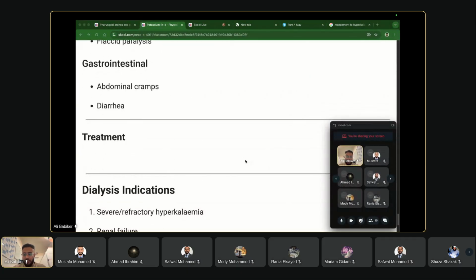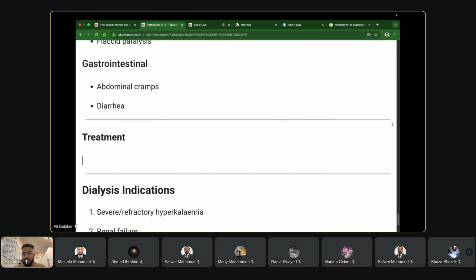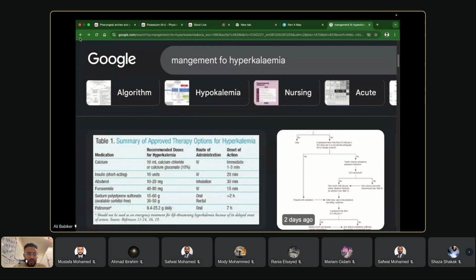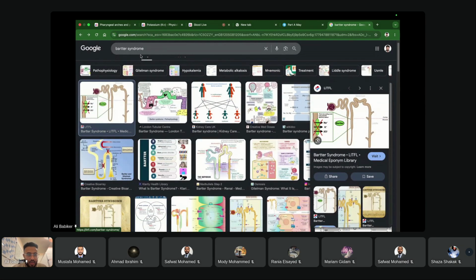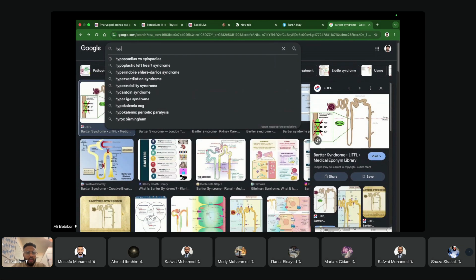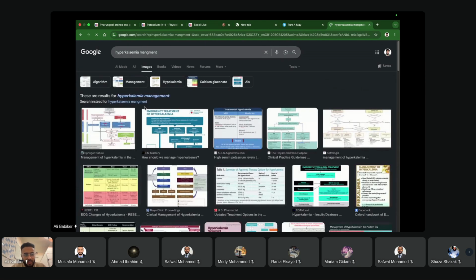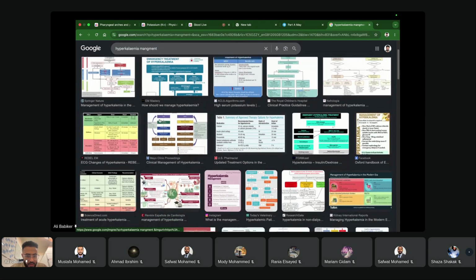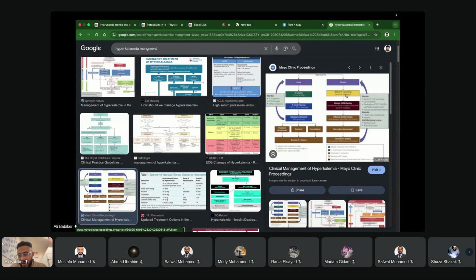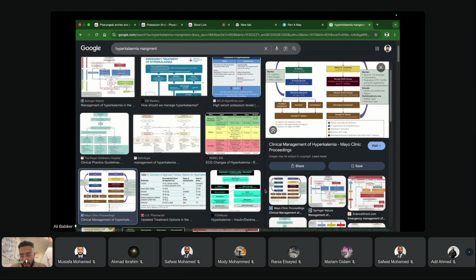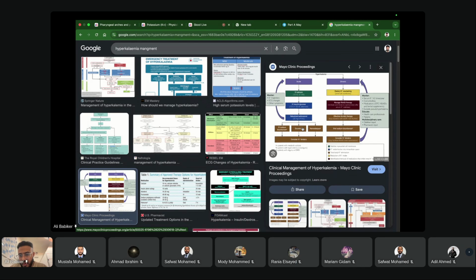And for the treatment, I will upload a good image. Let's find it now so we don't forget. But the previous one was not accurate. Guidelines 2026.